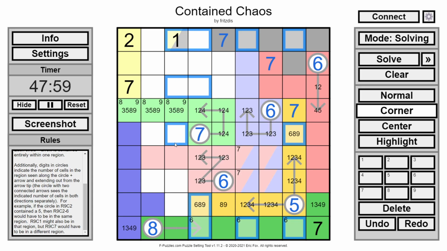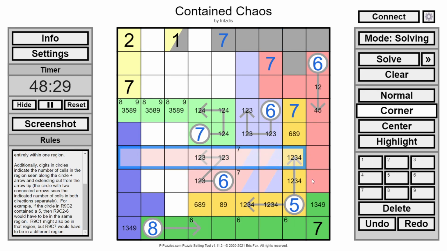Fortunately, things start to open up on this side of the grid. This can't be a 6, this can't. I think this could. Obviously a 1 is not a 6, that's pretty clear, at least. These could be 6s. This could be a 6. Ooh, there we go. What about this row?